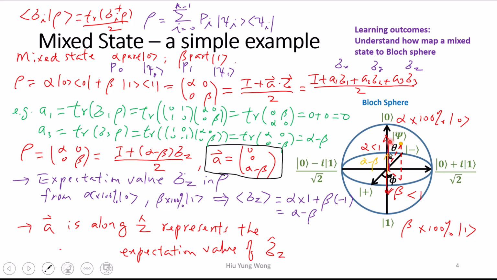But here we particularly show that effectively for this mixed state, it's like we have alpha part of 0 and beta part of 1. Alpha 0 gives me eigenvalue equal to 1. Beta gives me eigenvalue equal to -1.